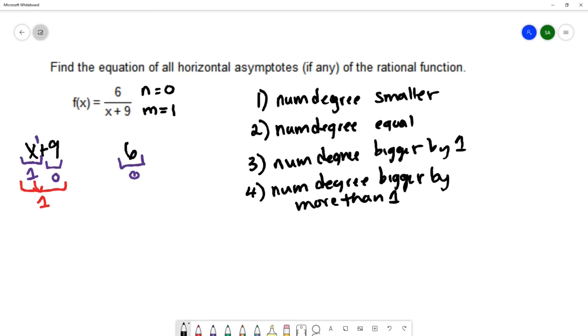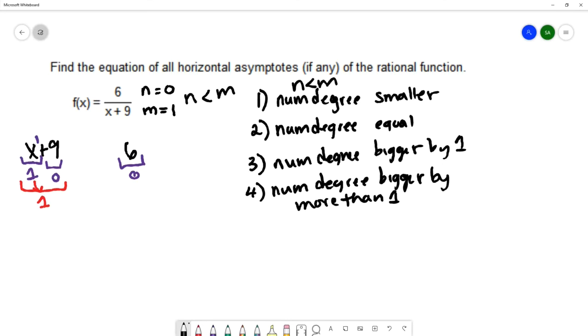So we can see here that the numerator degree is smaller than the degree of the denominator. So n is less than m in this case, and that's usually how we label this, with symbols instead of words. The degree of the numerator is smaller than the degree of the denominator.